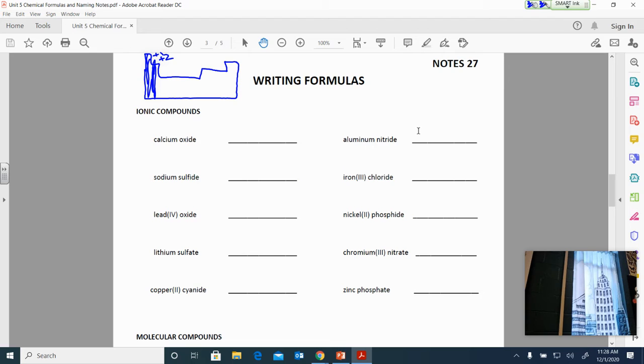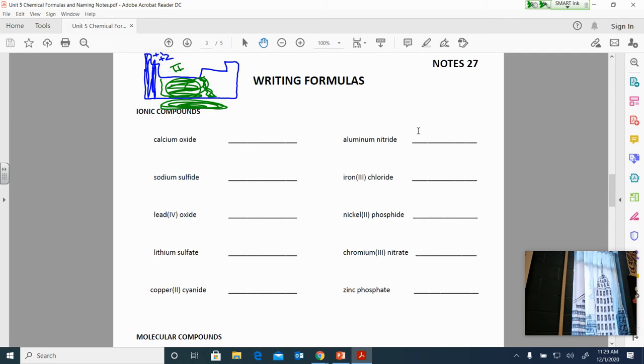So for metals in those columns, I don't need to change their name at all. They don't need Roman numerals attached to them to tell me their charge because I already know their charge. It's a +1 or a +2, and it always is. So they're not required to have that Roman numeral in their name. Whereas a metal in this middle section, and a little over here as well, and the ones down below, all of those metals require Roman numerals.